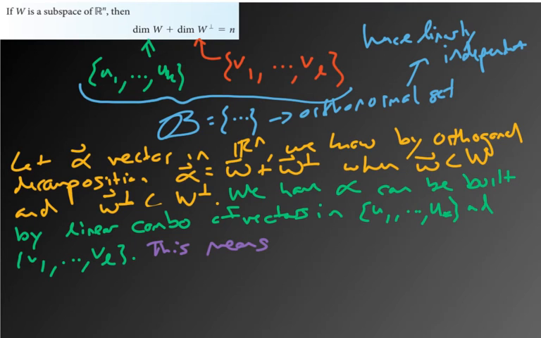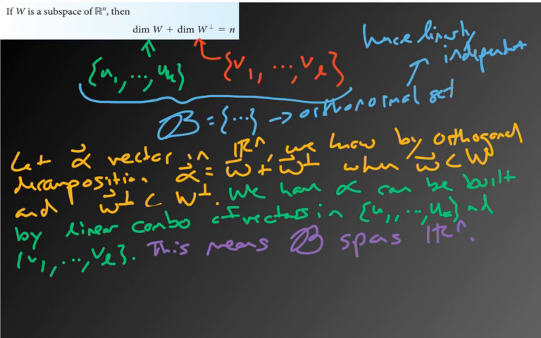And this is true because we just picked an arbitrary vector in Rn. So this means the set B, the union of those basis vectors, spans Rn, because no matter where you are in Rn, you can use U1 through VL to get to some vector in Rn. It's going to span it.